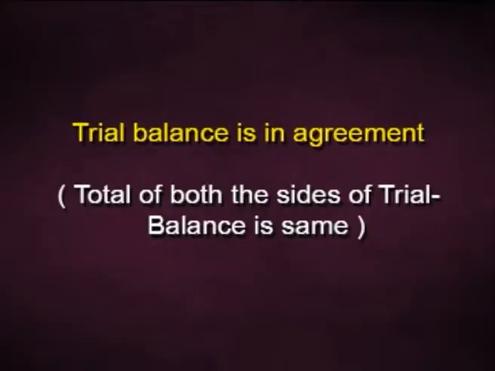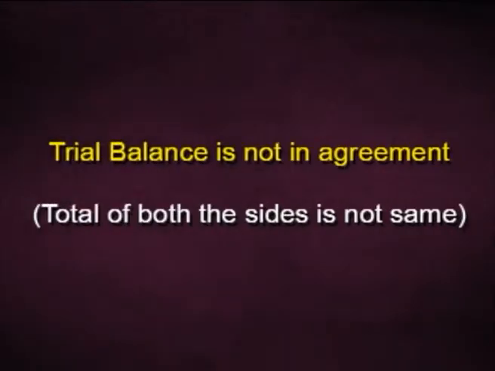In a situation when ledger accounts have already been closed and balances of various ledger accounts have already been transferred on trial balance, there are two possibilities. One, trial balance is in agreement, that is the total of both the sides of trial balance is same, and second, the trial balance is not in agreement, that is the total of both the sides does not tally.